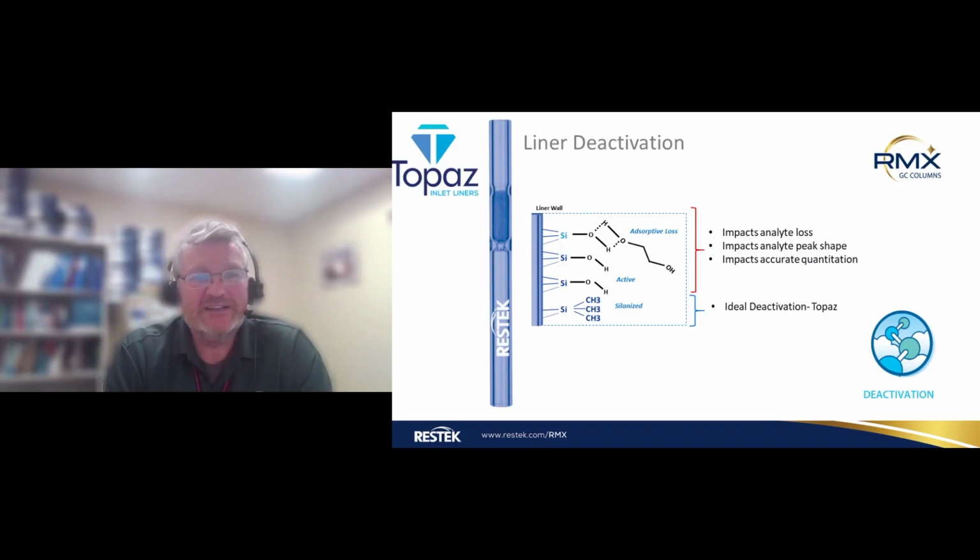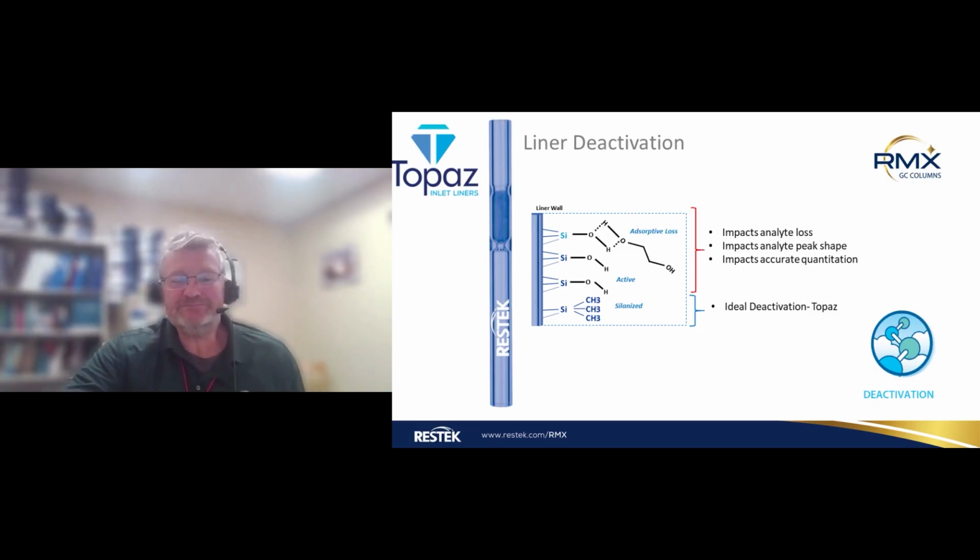For liner deactivation, we have the Topaz liner, which is our Topaz deactivation. And it's a silanized glass. We highly recommend it if you are going to try to go to extremely low levels. You need a liner that can also go to low levels. And our wool is in situ deactivated.